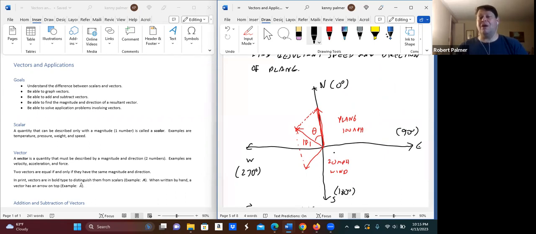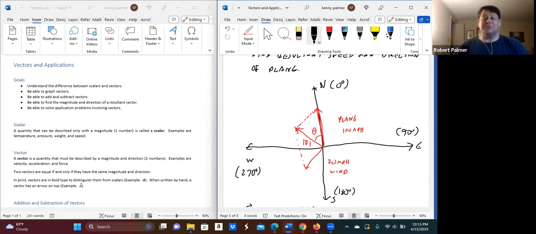But the wind, the air you're in, is actually moving 20 miles per hour in this direction. Okay, so your resulting vector, as we saw, you're actually going only about 87 miles an hour. So because the wind is kind of going against you, you're going more slowly than you think.